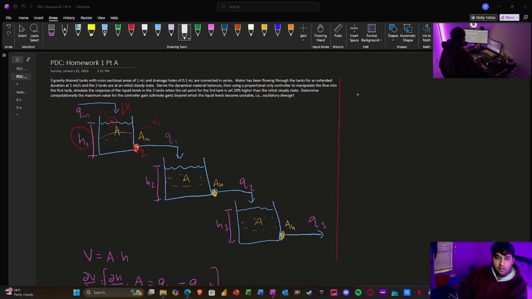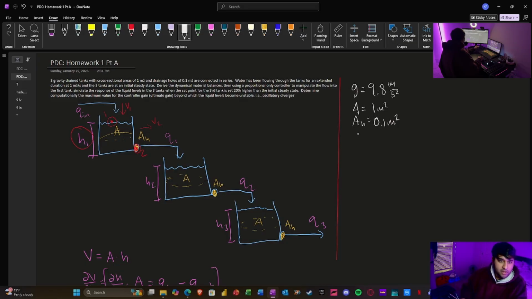So let's get started. What do we know? We know gravity. It's a constant, which is 9.8 meters per second squared. And then we know our cross-sectional area and the drainage hole area. Cross-sectional area is 1 meter squared, and this drainage hole is 1.1 meters squared.